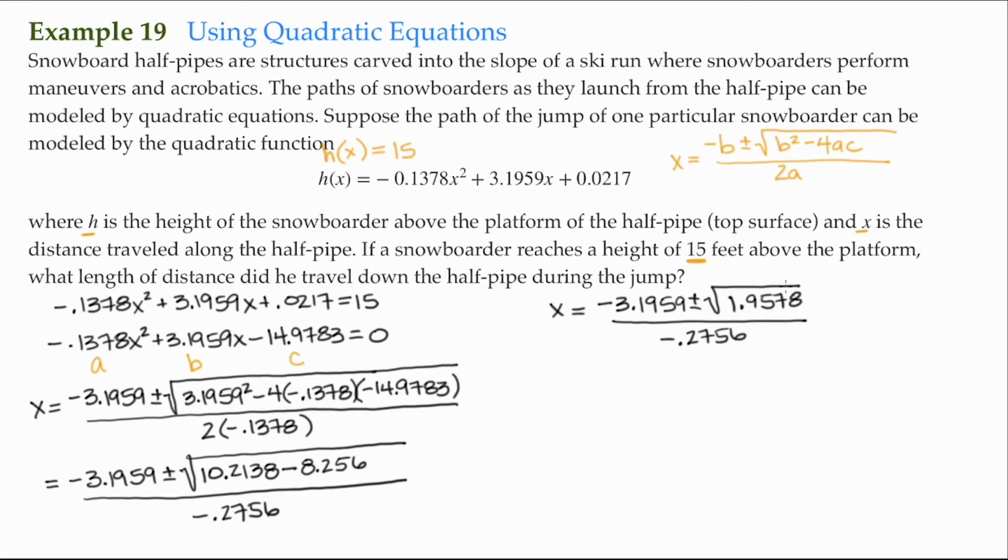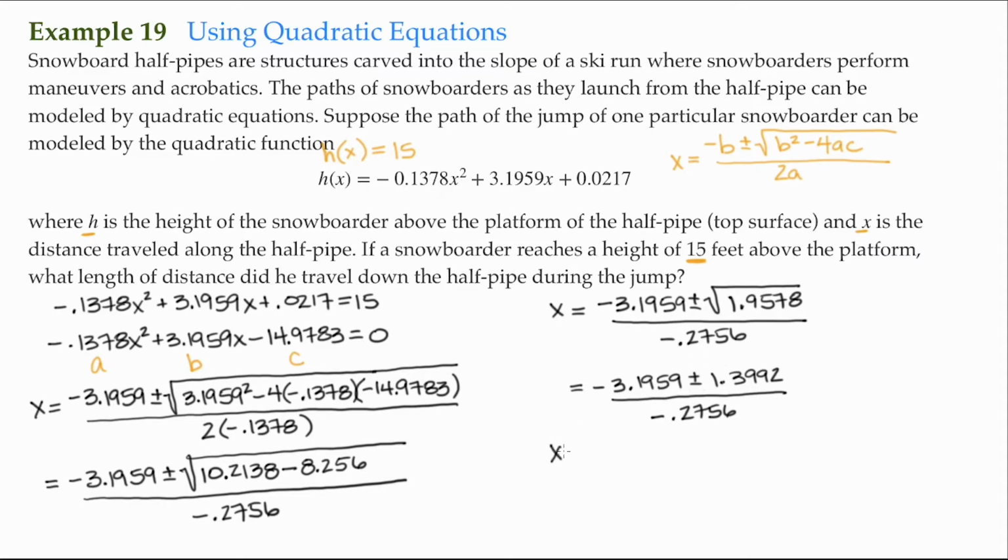Now we'll approximate this. Again, we'll put that in our calculator, and we'll round it to 4 decimals. So it comes out to be negative 3.1959 plus or minus 1.3992, and that's going to be all over negative 0.2756. Now what does this mean?